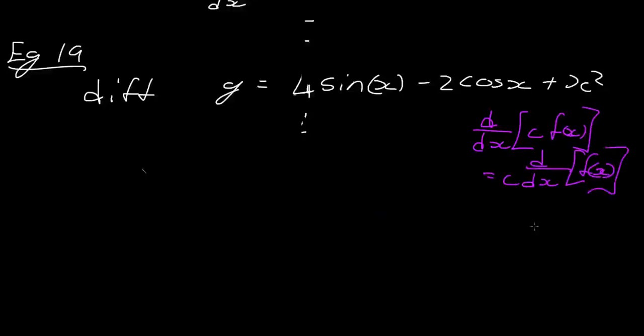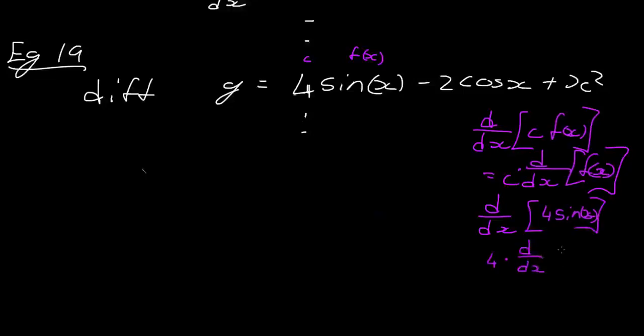So basically, if you've got a constant in front of your f of x, which in this case is sine, so here's f of x and here is c, you can just take this constant out in front of your derivative. So the derivative of 4 sine x is 4 times the derivative of sine x. Easy stuff.